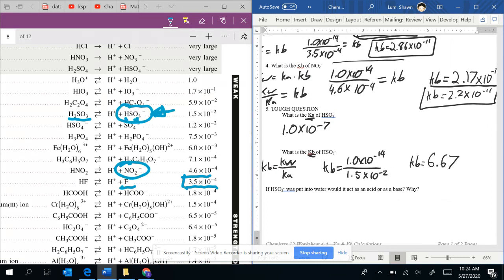I know it should be 2 sig figs, so 6.7 times 10 to the negative 13. Okay. I'm just going to fix this. That looks like a weird number. So times 10 to the negative 13.